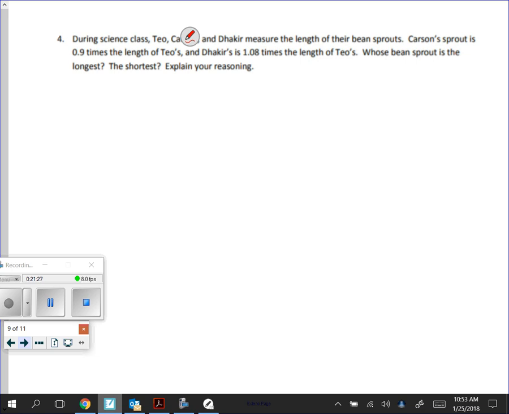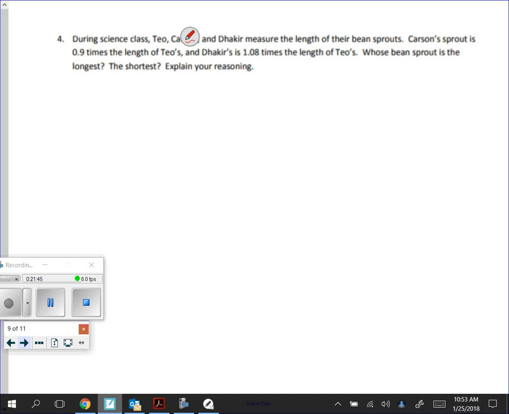So, Carson's sprout is 9/10 times the length of Teo's. Kier's is 1 and 8/1000 times the length of Teo's. Did they give us the length of Teo's?